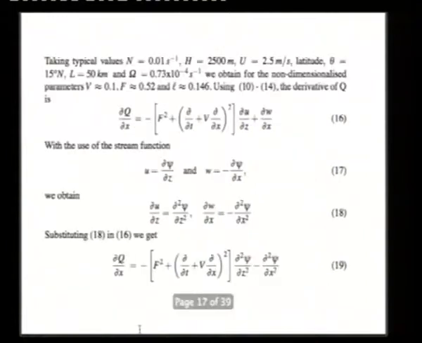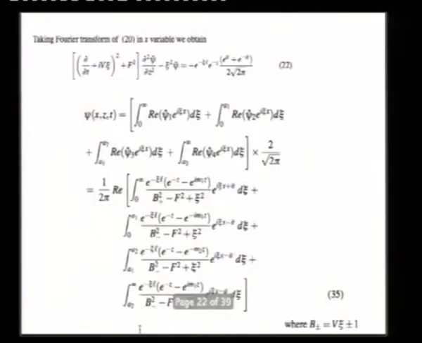V is U by NH. So we write this as a sum of four terms, and we are interested whether these remain bounded or not, especially because the denominator can vanish.